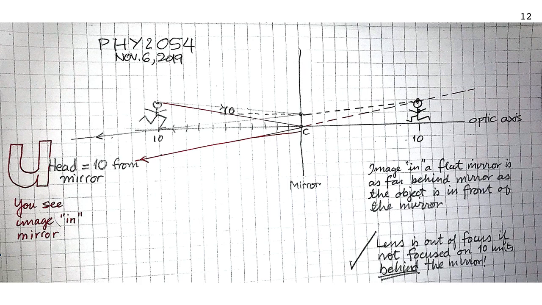So if you were over here and you tried to focus your eyeglasses or your telephoto lens on the mirror, it'd be out of focus. You'd have to push it so that it's focused 10 units behind the mirror, and then Ant-Man would be in focus. That's one of the main things to remember about flat mirrors.